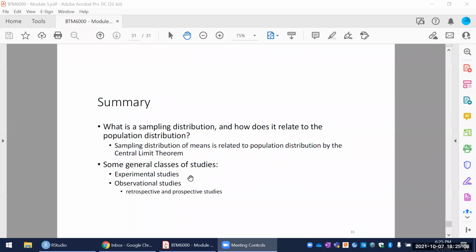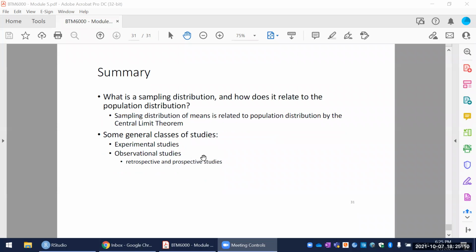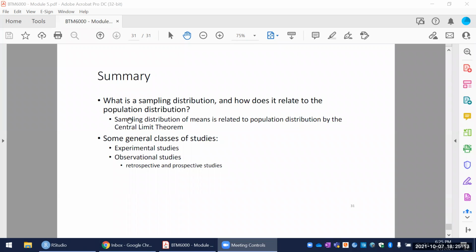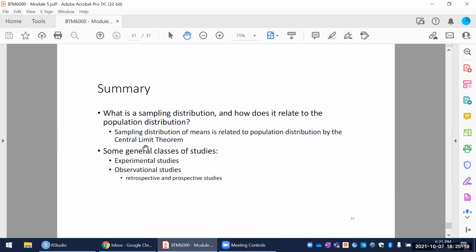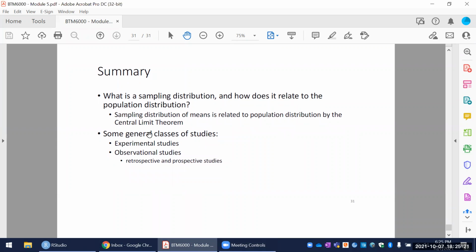So these are the summaries from what we have discussed. Important is really that the sampling distribution of the mean is related to the population distribution by the central limit theorem, which is essentially that the mean of the population and the mean of all the samples of the sampling distribution will be identical.